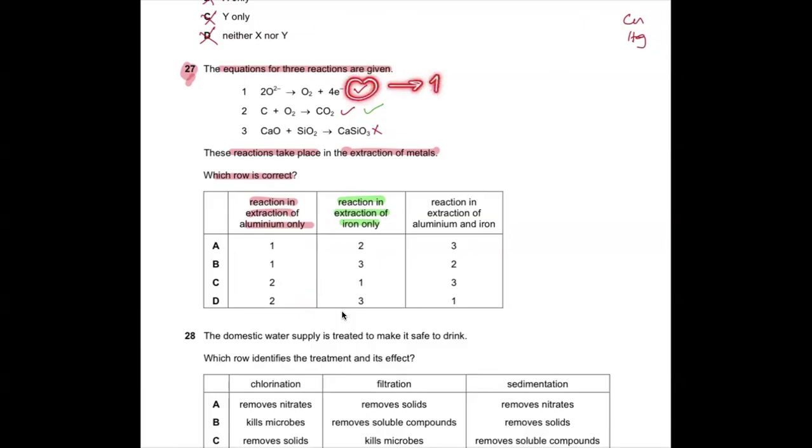Because this is the reaction which is taking place in aluminium only. This is the reaction which is taking place in both. So C and D go wrong, because for aluminium only, either it's A or B. Now, for iron, if we see, in iron, this reaction occurs.